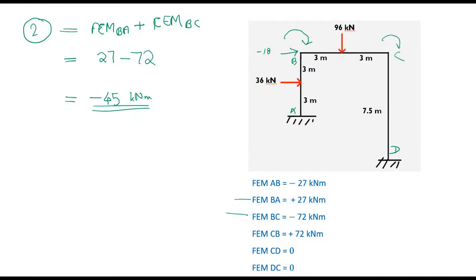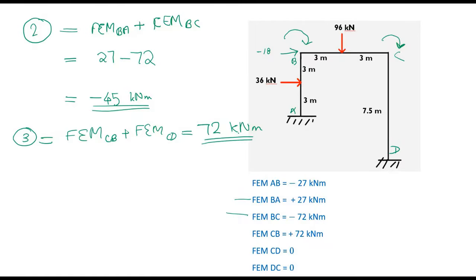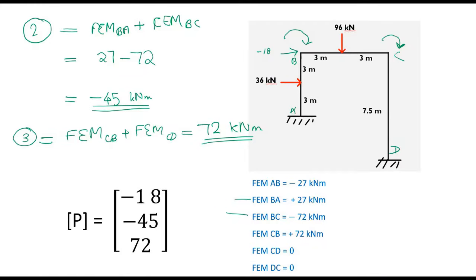Similarly for the third system coordinate, we have the fixed end moment at CB plus the fixed end moment at CD. Since the value at CD is 0, we are just taking the fixed end moment at CB, that is 72 kilonewton meter. So the values for the force matrix are minus 18, minus 45 and plus 72.